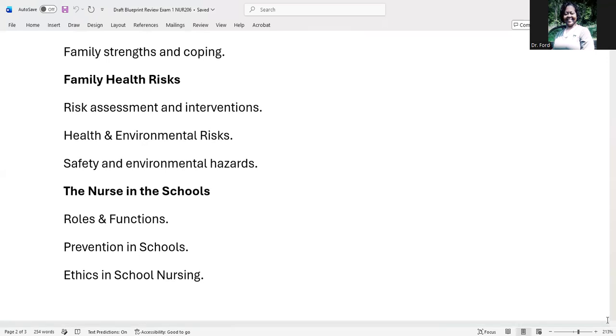As a school nurse, we wear many hats. Nevertheless, we're going to provide that care for that client, the patient, the children, the students that are there. Many times we administer medications. Sometimes we have to provide emergency care for the students.